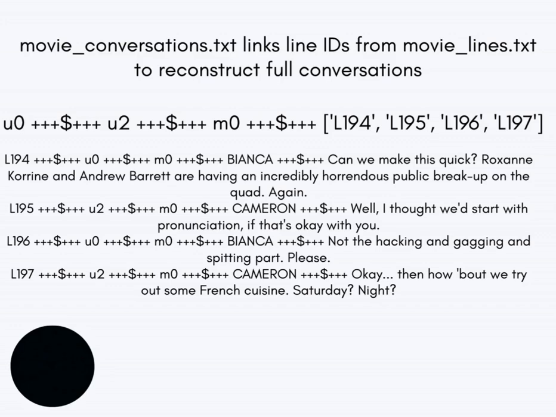This is another txt file that has all this data, and you see U0, M0, Bianca, and "can we make this quick? Roxanne, Karina, and are having an incredible horrendous public breakup on the quad again."